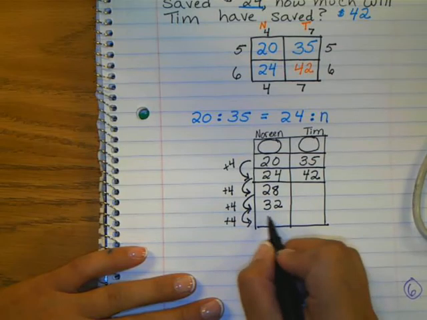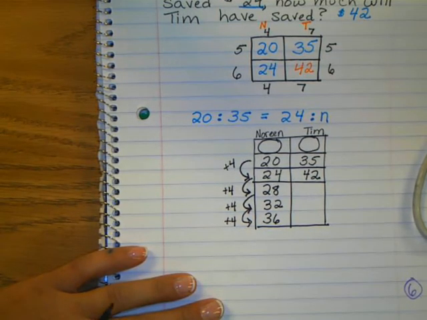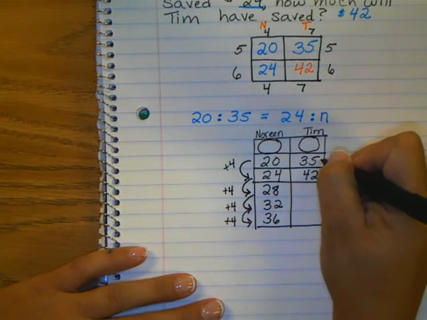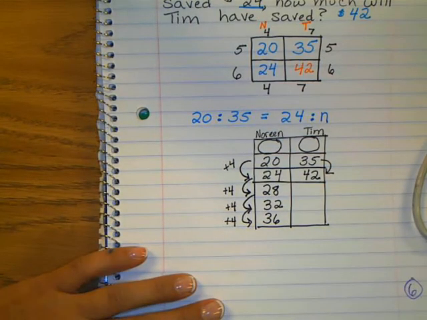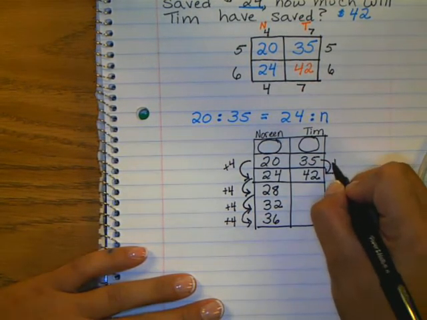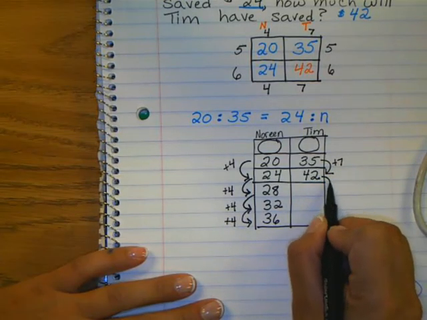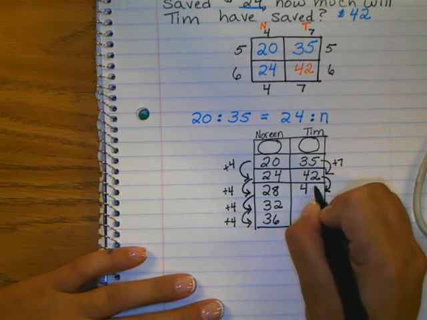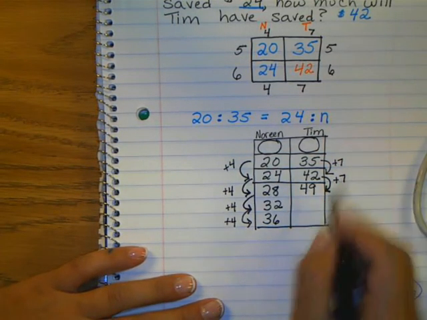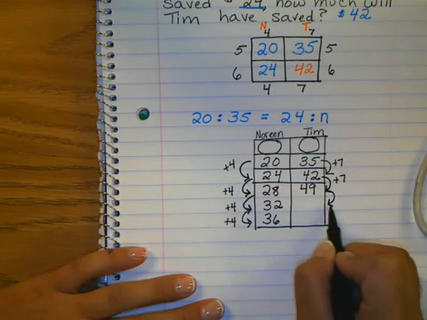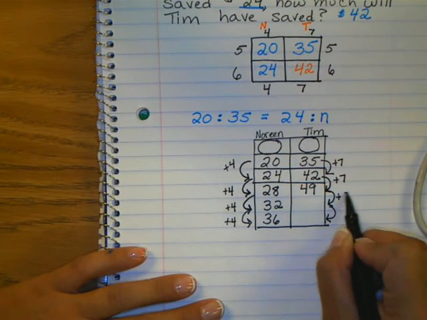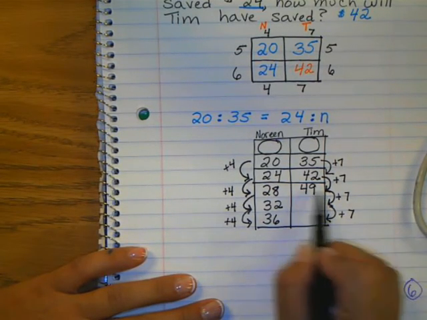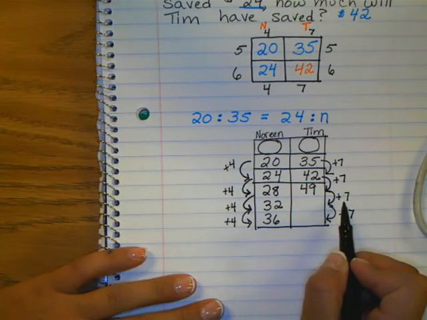Then I can come over on my right side, and how did I go from 35 to 42? I added 7. So what must my next row be? 49. Our connection going down on this side is plus 7. So 49 plus 7, we just did 7s the other day, is 56.